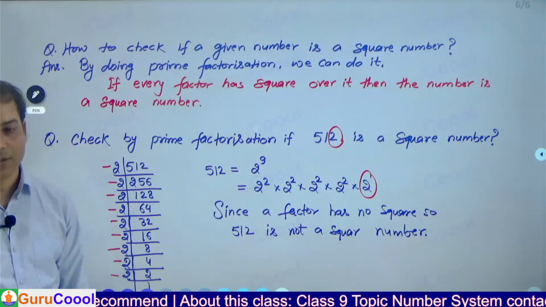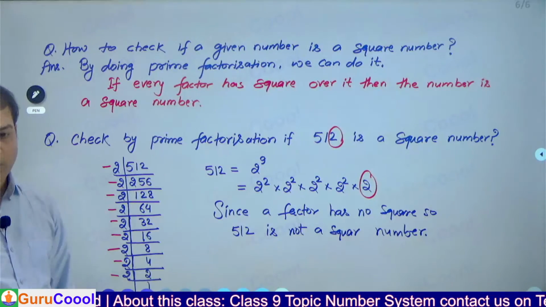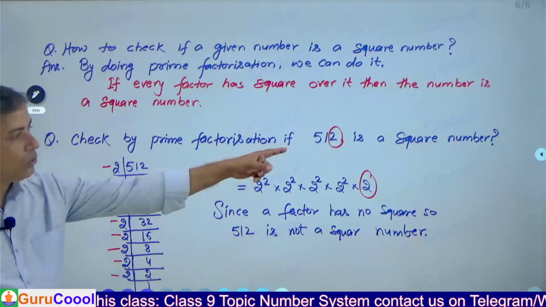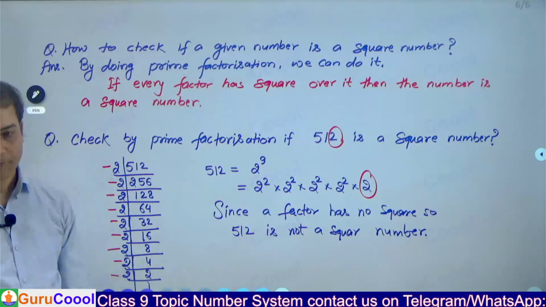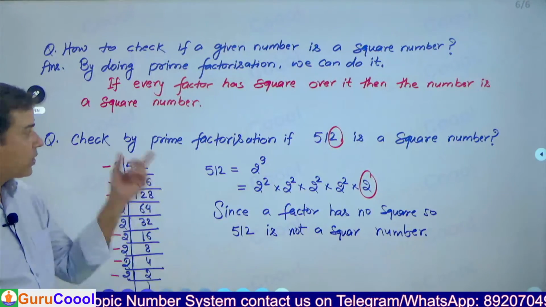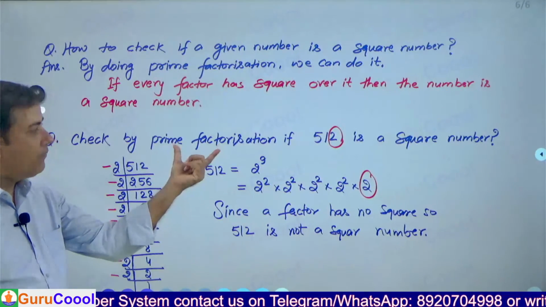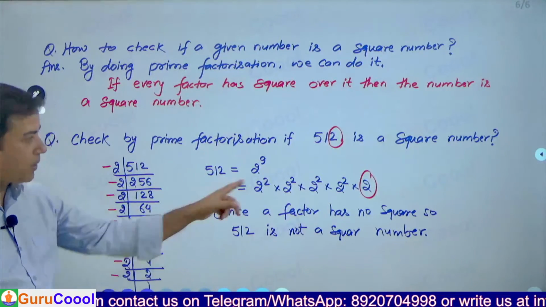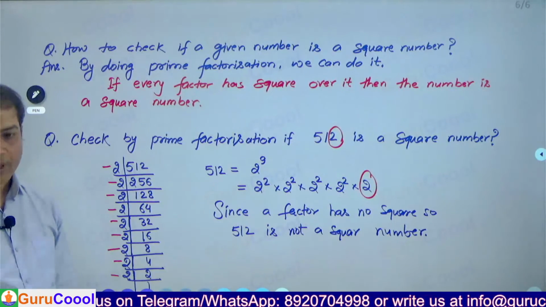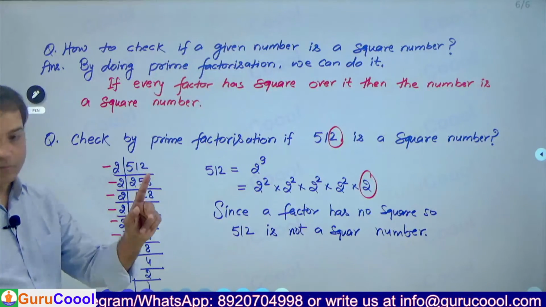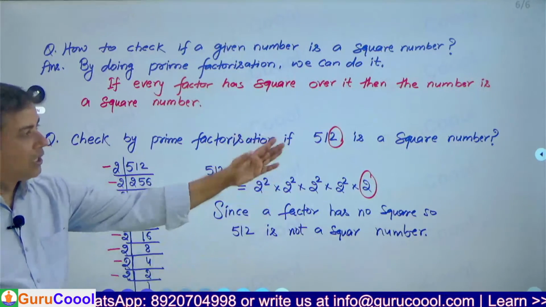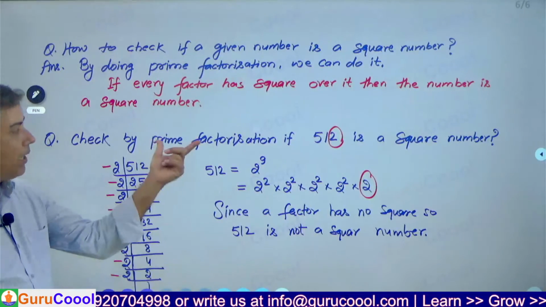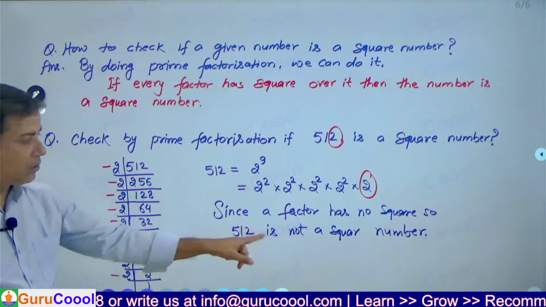So easy answer. I taught this already. But the question was telling to do it with prime factorization, that's why I showed it. So there are two methods to check. Using prime factorization also we got the same answer, not a square number.